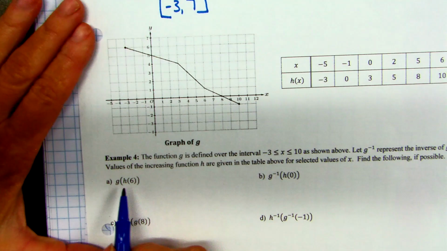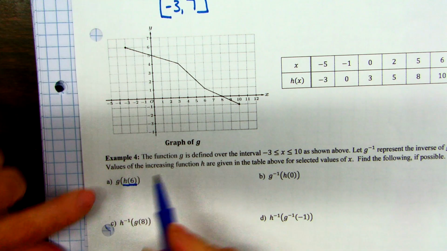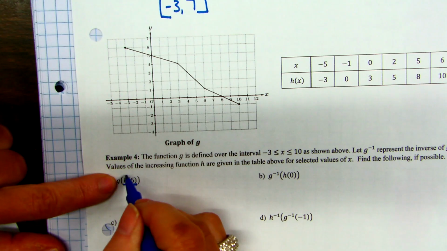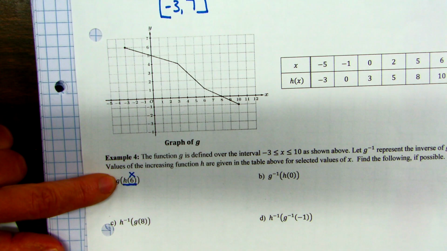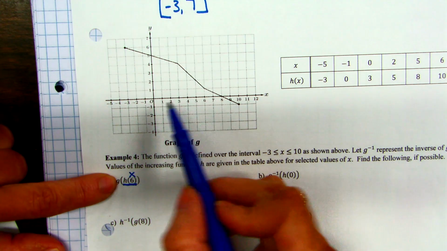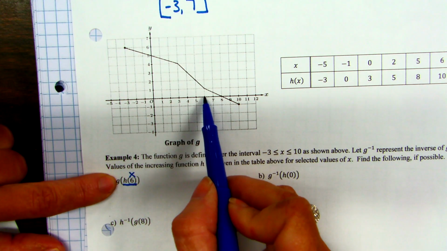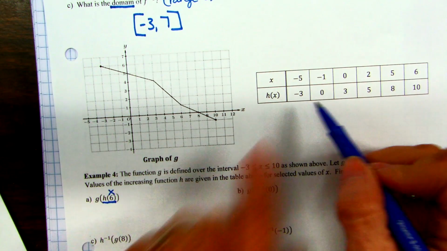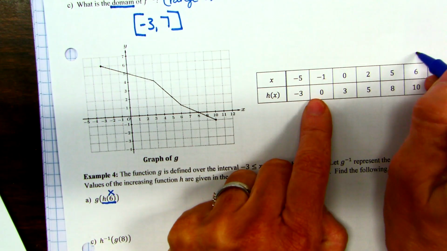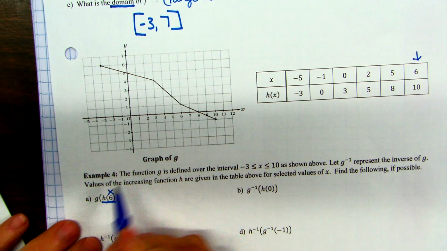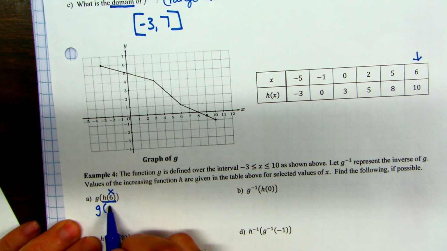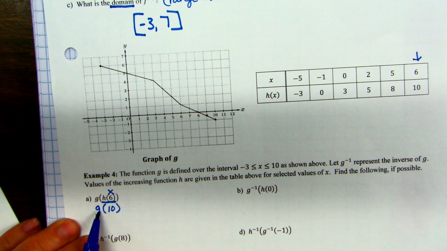All right, so notice no weird notation here. No -1 or anything like that. This is traditional, boring old x. So when x is 6 on the h of x, make sure you got the right graph. That's my input, right here. When x is 6, y is 10. So I would have g of 10. Still no weird notation.